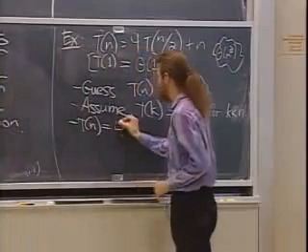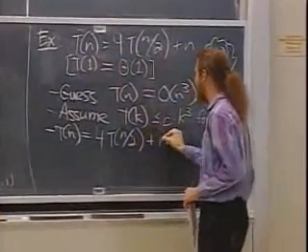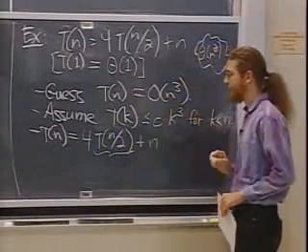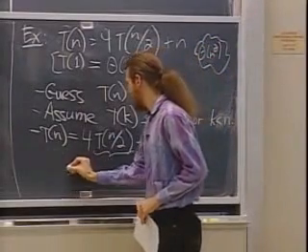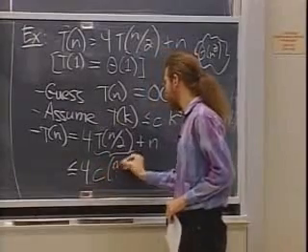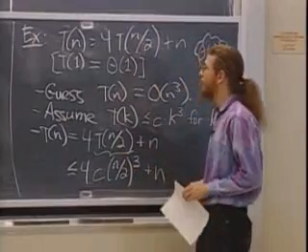So T of n is 4 times t of n over 2 plus n. And now I have an upper bound on this thing from the induction hypothesis. So this is at most 4 times c times the argument cubed plus n.